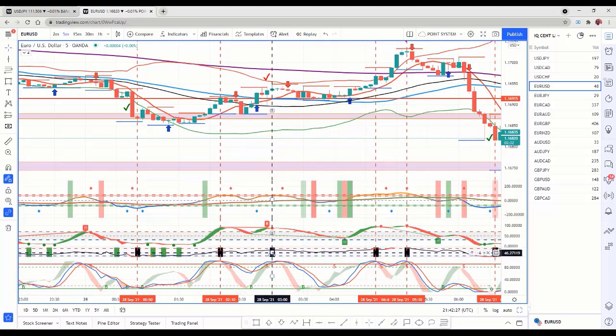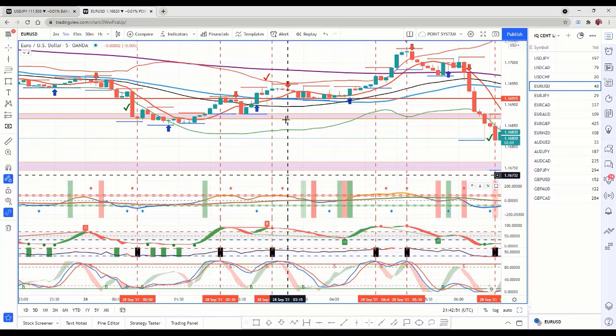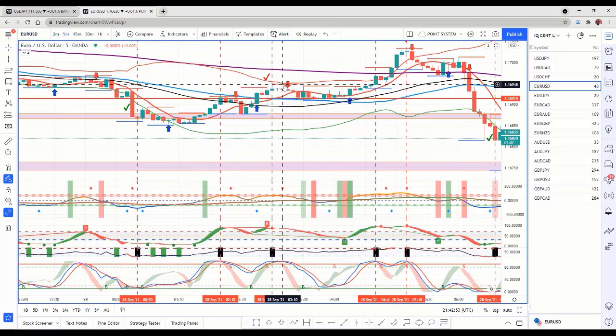Now after seeing this, you can see I saw a sell here, I didn't take it, and you can see it bought. Now after seeing this again, telling me to check my market, what did I do? I wait for an arrow. I wait for an arrow, and at this point there is already a support here.